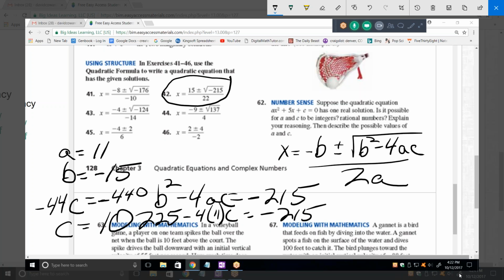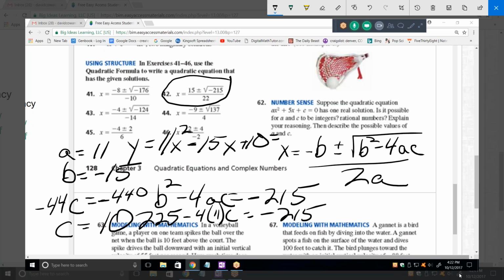Yep. Once you get a, b, and c, what's the equation? So that is the quadratic equation, 11x squared minus 15x plus 10 equals 0. Yeah, or even equals y.